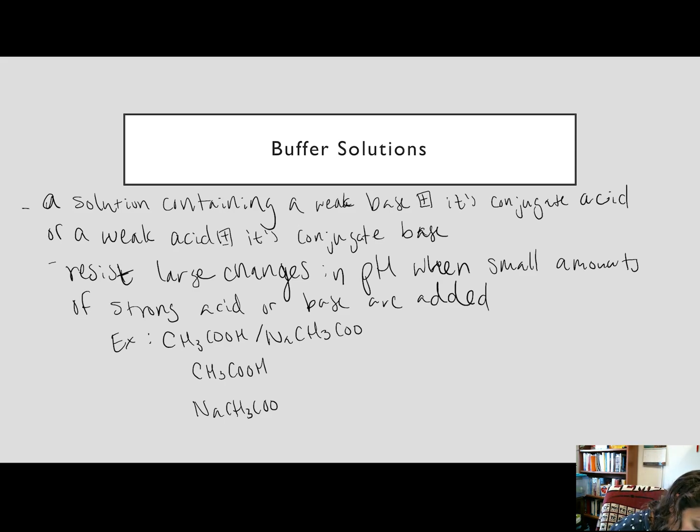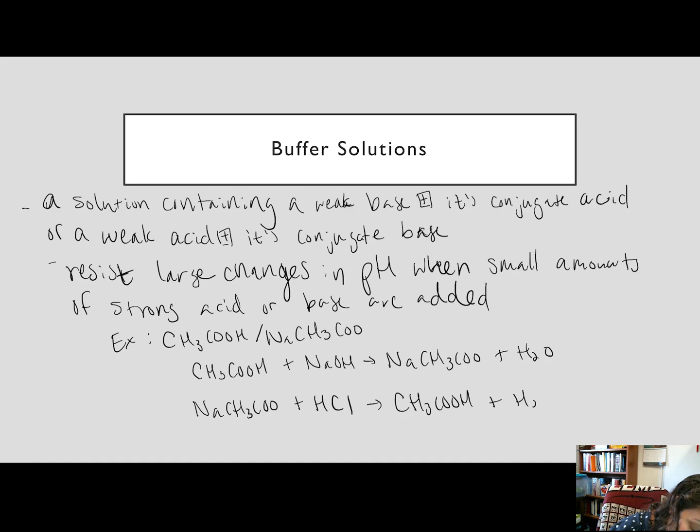So for our addition of base, it will react with our acid, producing sodium acetate and water. If we add acid into this, it'll react with our base, sodium acetate, to produce acetic acid and water.